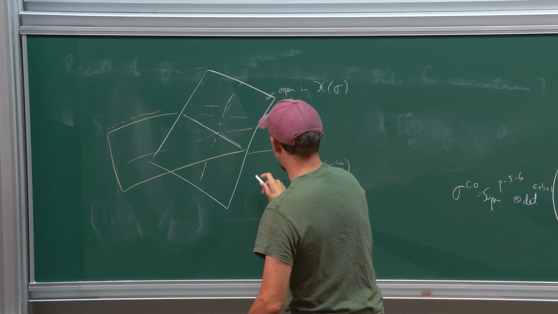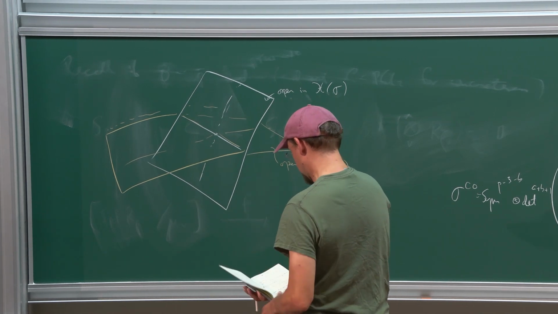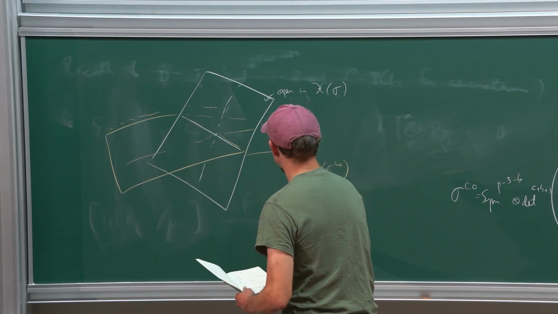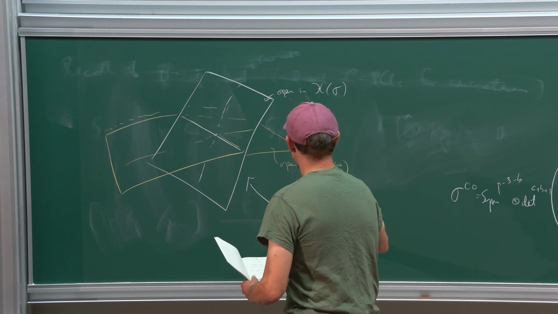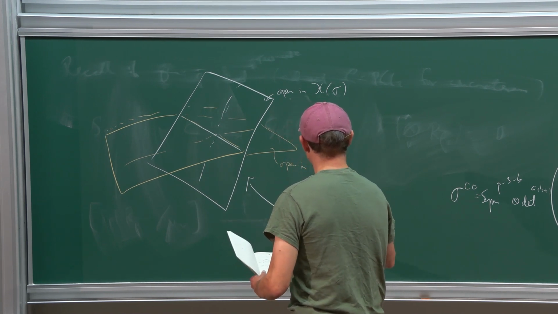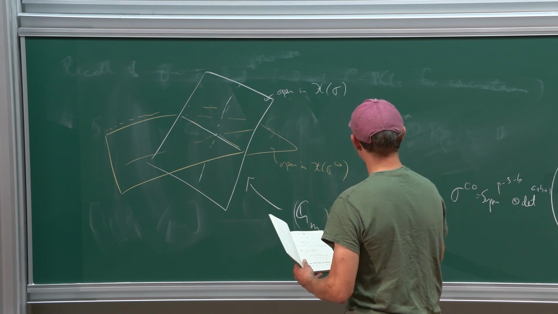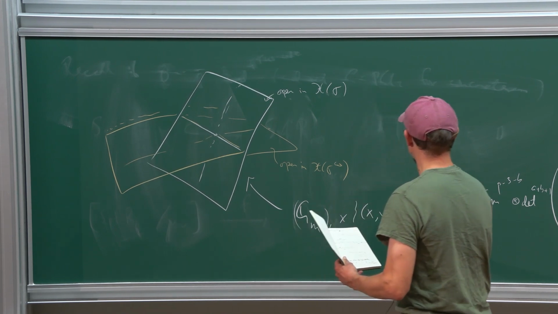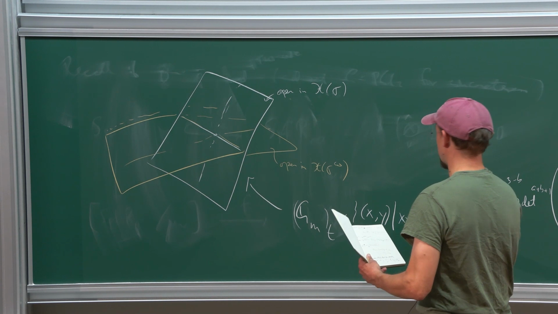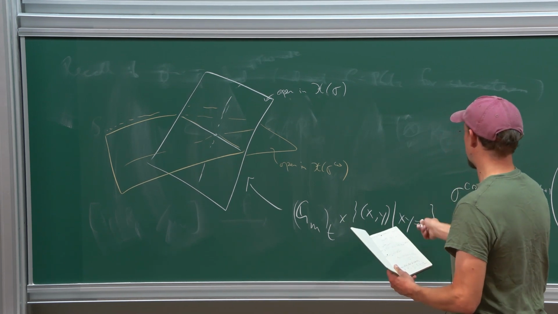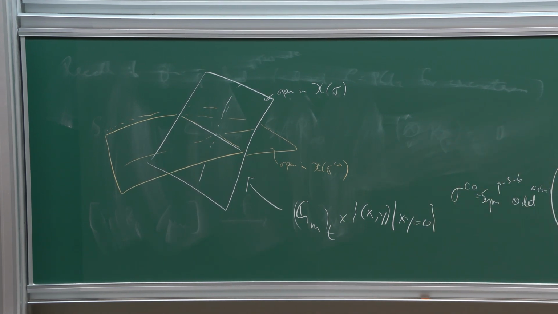So what is this in formulas? This thing is a G_m with parameter t, and then we have these two A1s that meet at a point. So you get two lines crossing, a pair x, y with x times y equals 0.